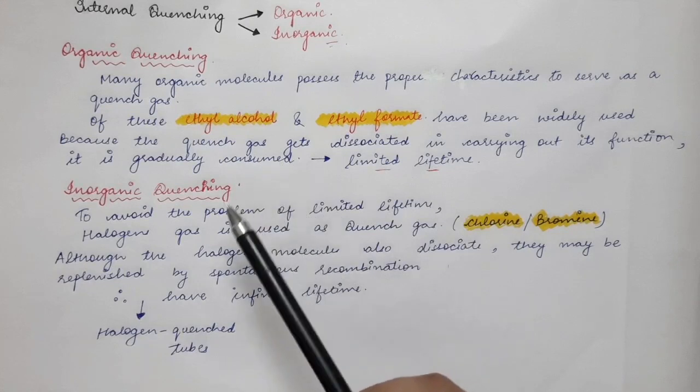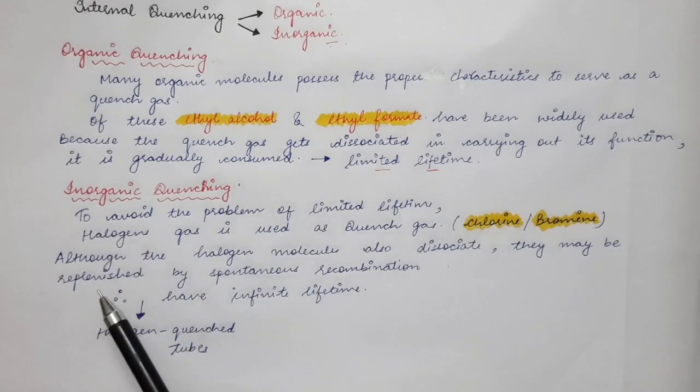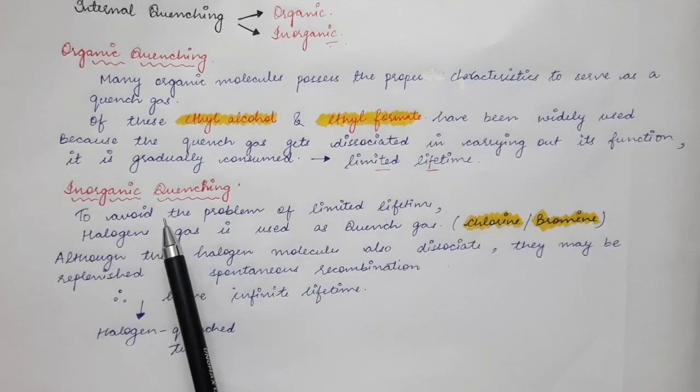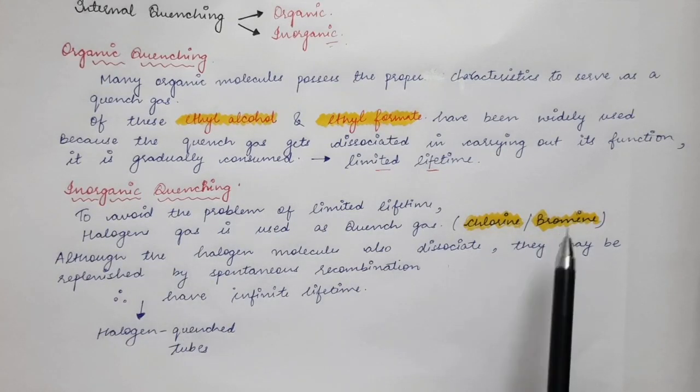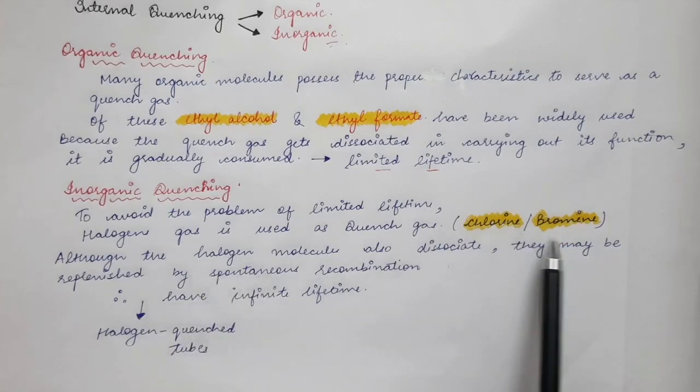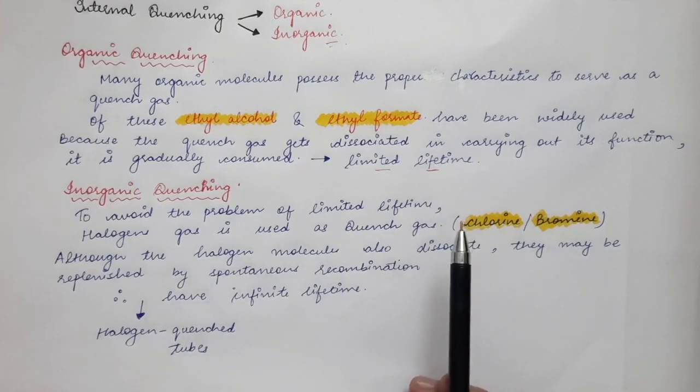So we use another quenching method, which is inorganic quenching. In this case, we use a halogen gas as the quench gas, like chlorine or bromine. Dissociation will occur in the case of chlorine and bromine gas also.